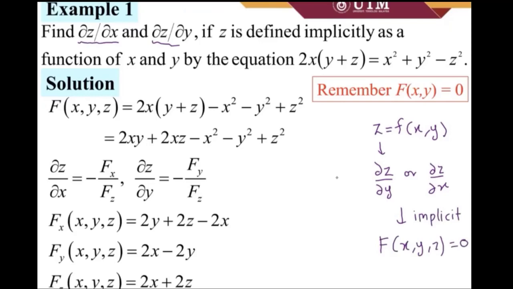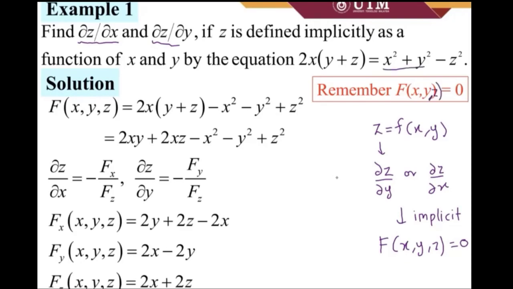Find del z del x and del z del y if z is defined implicitly as a function of x and y by the equation 2xy plus 2xz equals x squared plus y squared minus z squared. First, you have to rearrange.